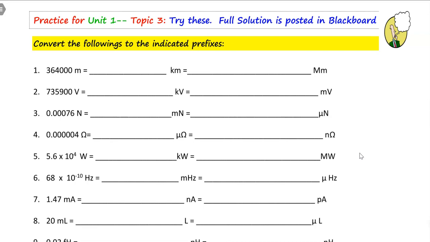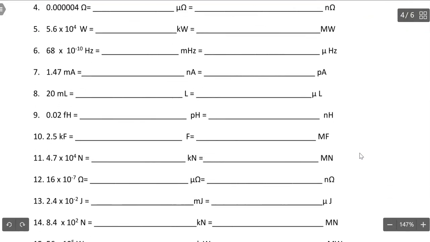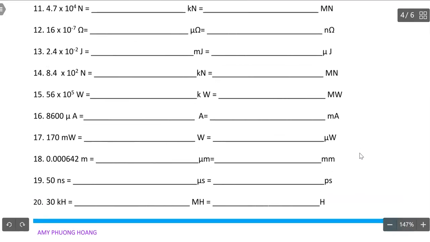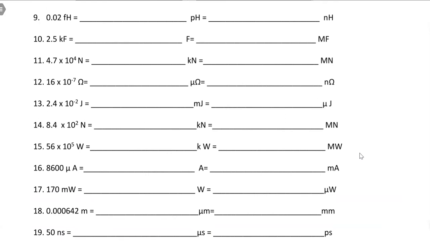So what I have here is a lot of questions that I would like you to work on. All right, a lot of questions for you to work on. And I was saying that engineering notation is very important in terms of any program that you will enter.